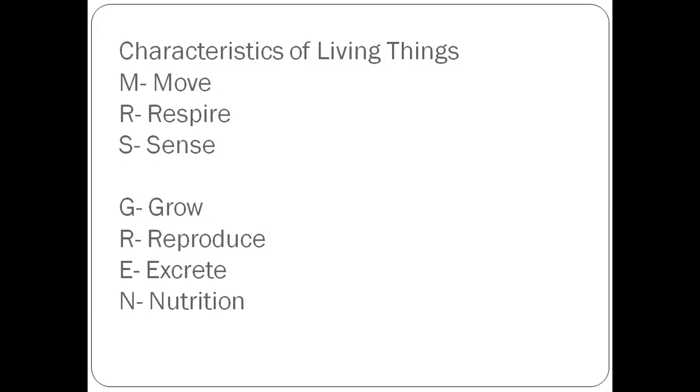So Mrs. Gren: M stands for movement, R for respire, S sense, G grow, R reproduce, E excrete, N nutrition. So anytime you are asked about the characteristics of living things, just remember these 7 letters, or Mrs. Gren. Okay, Mrs. Gren. Very good.